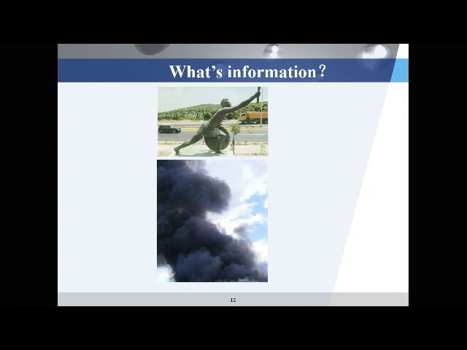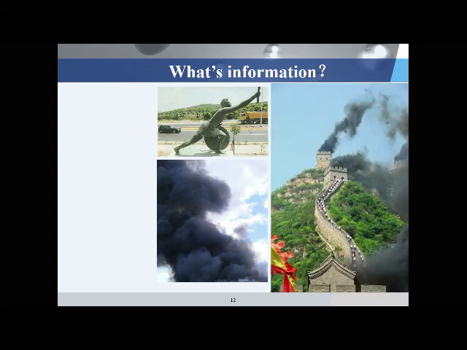But if you see a picture like this, you probably can know much more information. This is a picture of the Great Wall, and you can see some smoke from the watchtower. In ancient times, if someone sees the smoke from the watchtower, that means the enemy comes. This way is more efficient compared with human delivery, right?